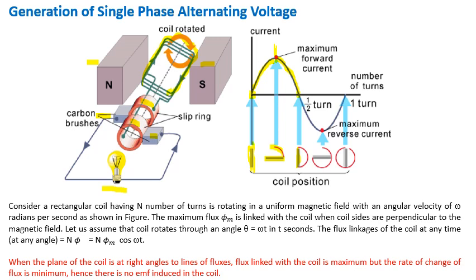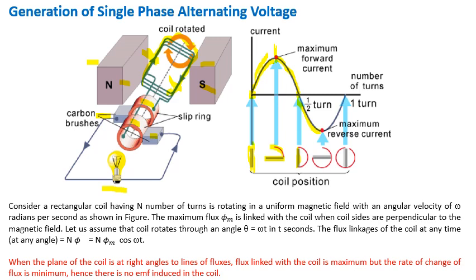Now hereafter, when the coil sides interchange their position, this part will be under the influence of south pole, whereas this part of the coil will come under the influence of north pole, and therefore the polarity of the induced EMF gets changed. Here there is an increase in induced EMF as was observed before.